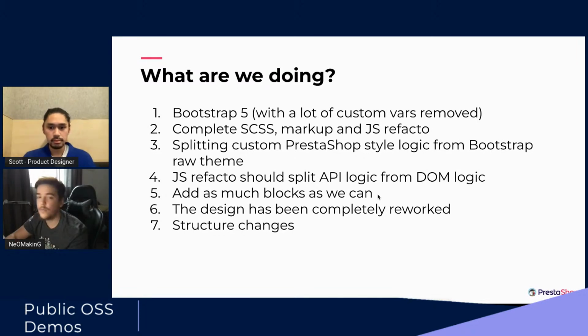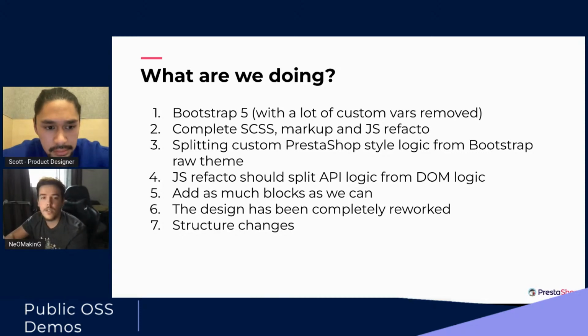I mean, we need to split the API from the DOM manipulation, for example. What we want to do is add as many blocks as we can, because it's easier for modules and theme developers to deal with. The design, as Scott just showed you, is completely reworked, and we need to change a lot of the structure of the theme.